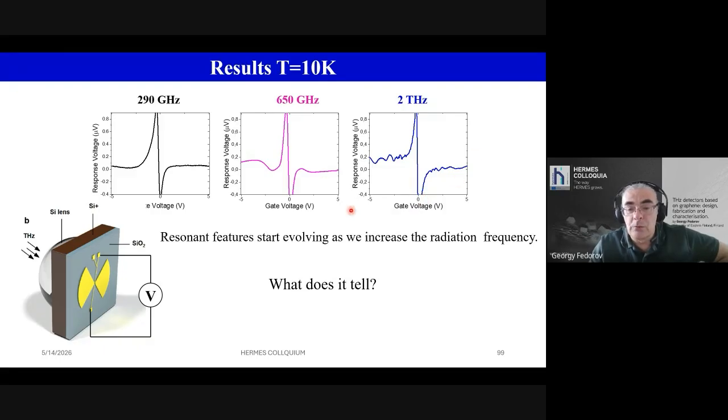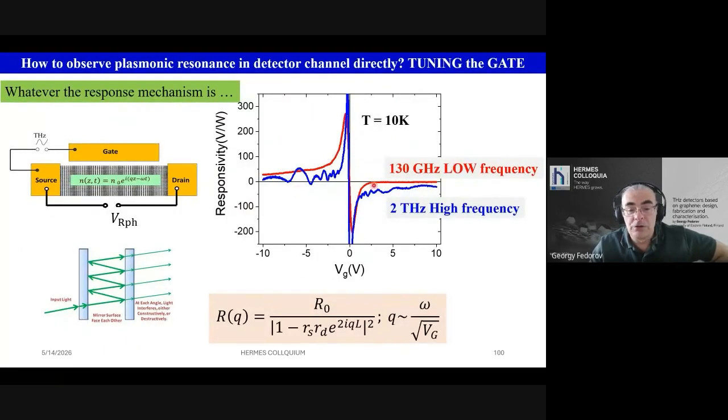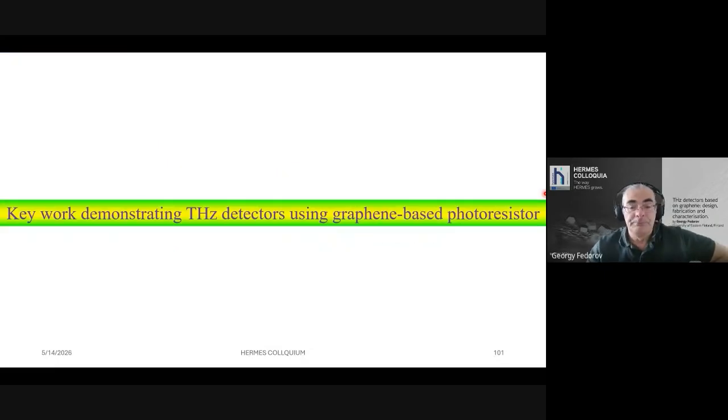And at large frequency, we see pronounced oscillations when we sweep the gate voltage, tuning the phase velocity of these plasmons and demonstrating that the response is defined by a Fabry-Perot interference of plasmons inside this channel. That's, again, a very beautiful story. It has some application potential, but I'm coming closer to the end of our story.